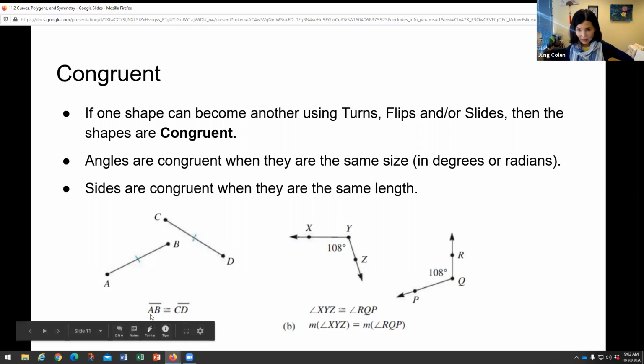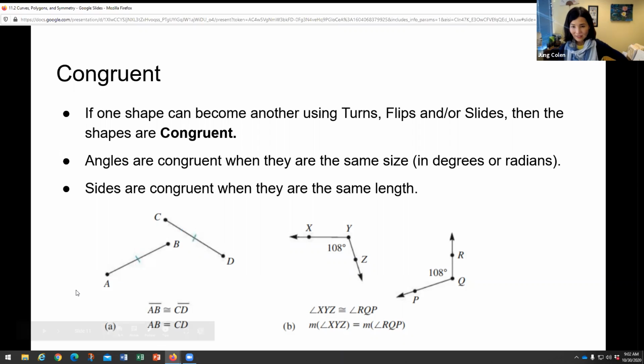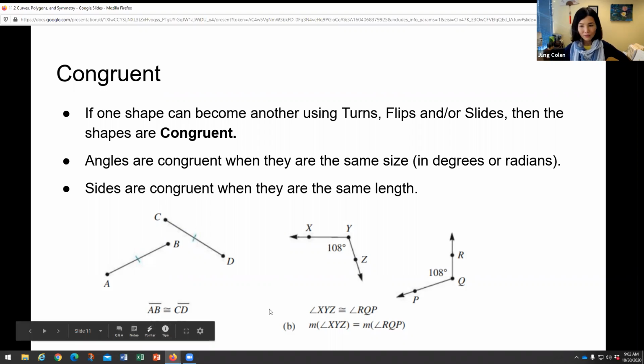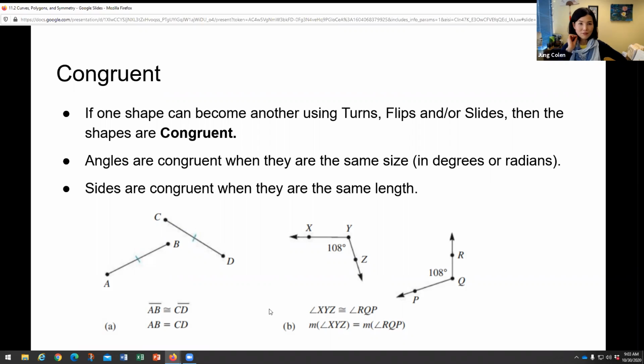We're using this congruent notation because the length of segment AB and the length of segment CD are equal. Without the segment notation, you need to put an equal sign for the measurement of the length. So AB is equal to CD. Do you see the difference?